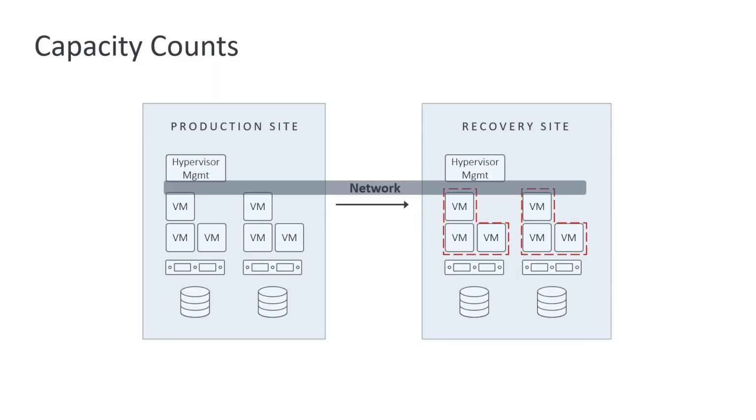So what's the bandwidth? What type of pipe are you going to have between the two locations? Do you have enough pipe to feed not only the replication going over to the location, but the change rate that is continuously changing as replication goes on?